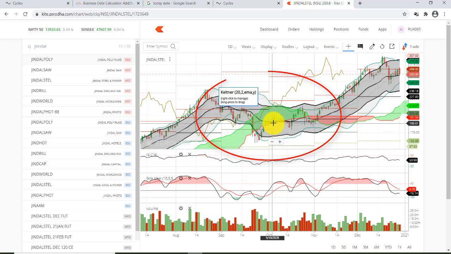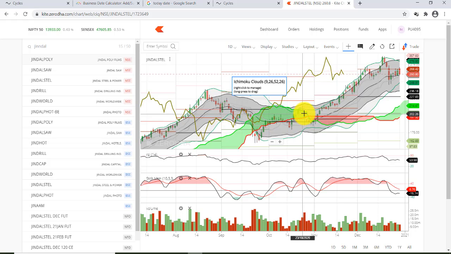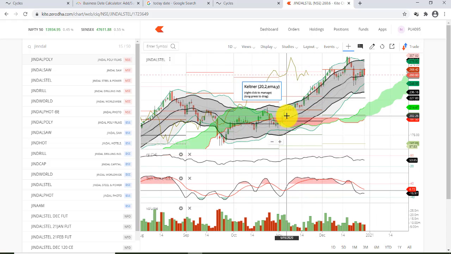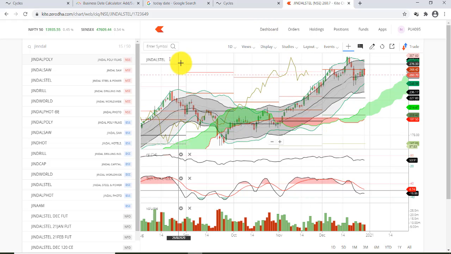See here, on 30th September, the candles are forming above the resistance level of the cloud, which is now acting as a support. So the price won't fall below the cloud, and here you see the candles come out of the cloud and the Chikou line is free. So we can consider it's the right time of entry.